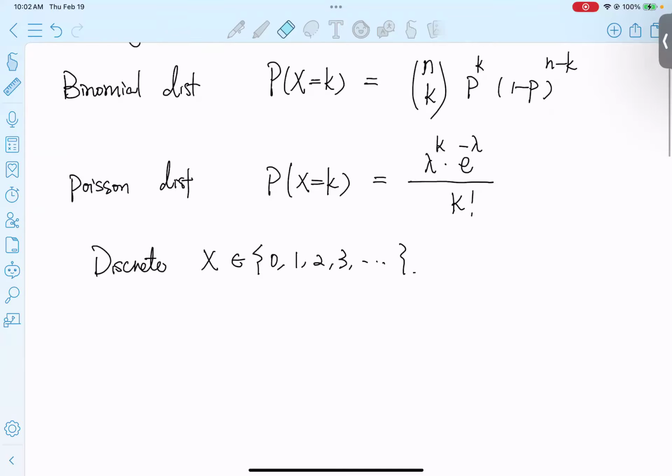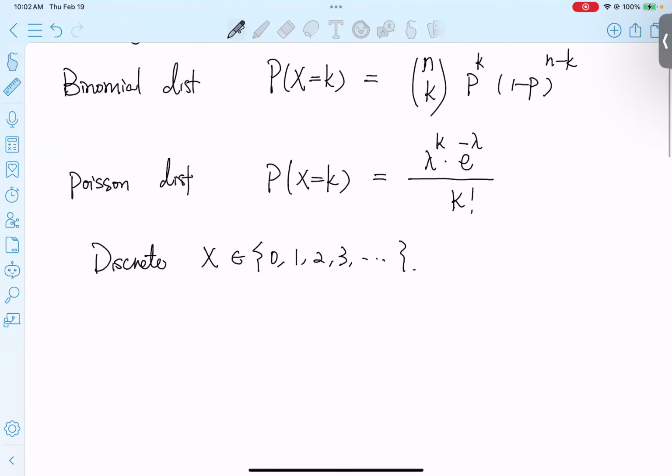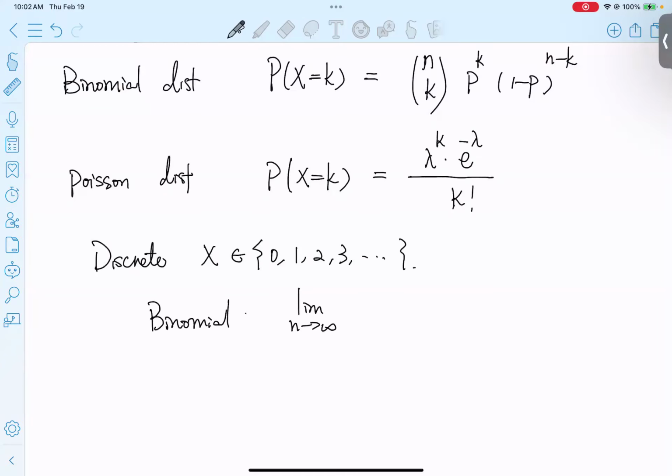One question that I have received is: in practice, how do you choose which one to use? My comment is that it's really more often up to your belief. How do you want to model things? We have also seen that for the binomial distribution, when the limit of n goes to infinity, this will become a Poisson.